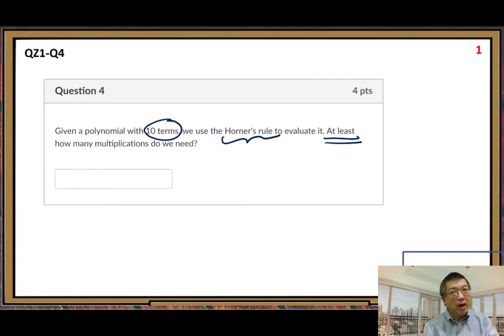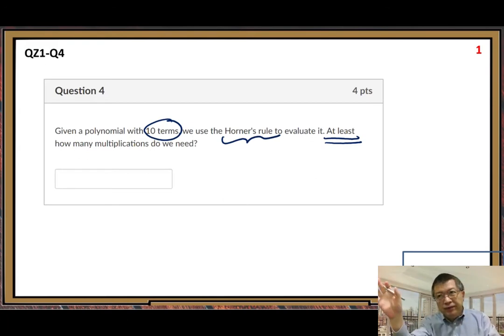But here I talk about Horner's rule, the relatively more general case. So don't try to use other special techniques like repeated squaring and repeated cubing. Those two only work for special cases, right? At least how many?